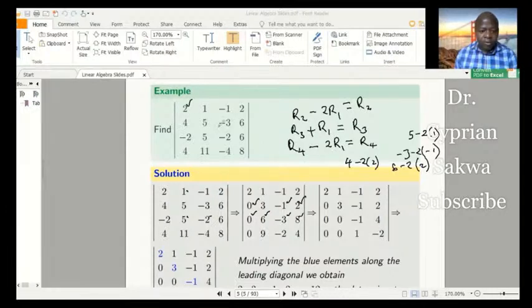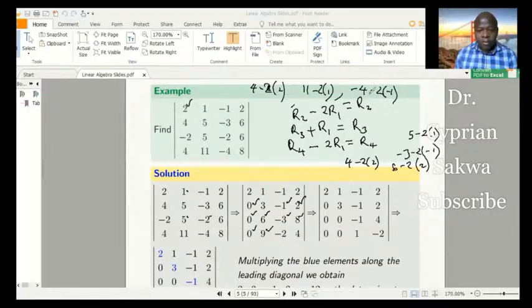So 4 minus 2 multiplied by 2 is 0. 11 minus 2 multiplied by 1 is 9. -4 minus 2 multiplied by -2, multiplied by -1 this negative 1.